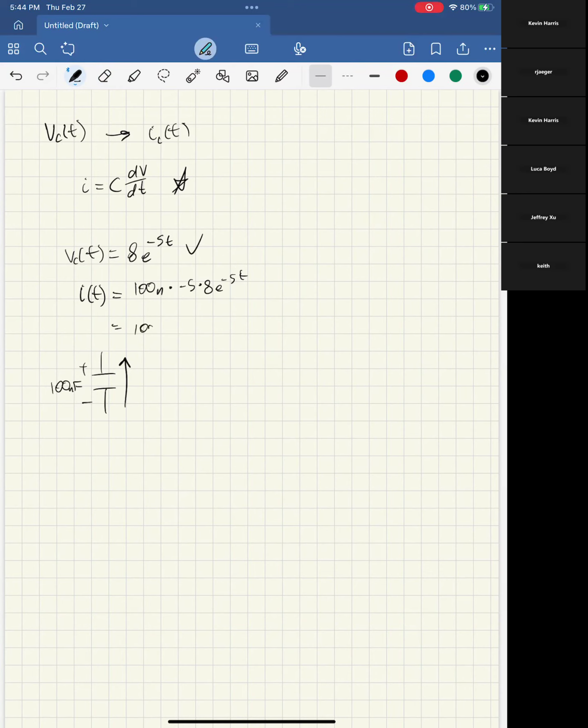So you'd get 100n times negative 40, which would be negative 4,000 e to the negative 5t nanoamps, the same as negative 4 e to the negative 5t microamps. The C is just whatever value is written on your capacitor. I just completely forgot to do that for this example.